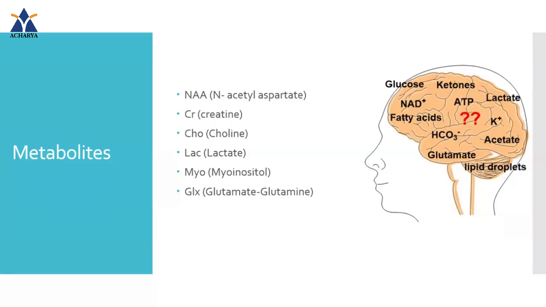So here are some metabolites. There are three most common metabolites which are visible in any kind of TE, whether you are using long TE, short TE, or intermediate TE. The first one is NAA, that is N-acetyl aspartate. It is showing the largest peak on your spectrum, and it is at 2.02 ppm.